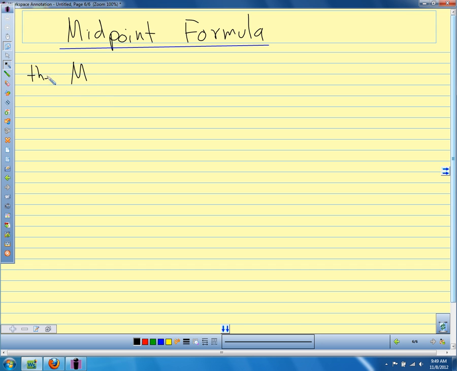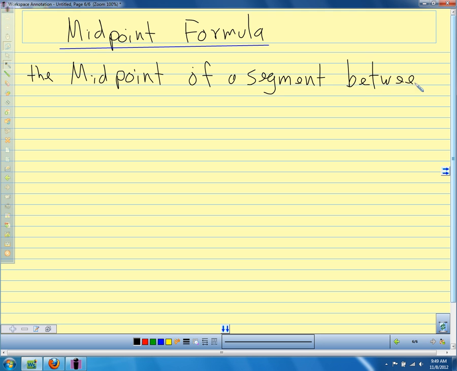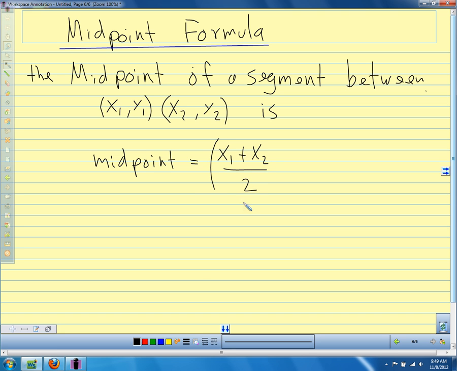The midpoint of a segment between 2 points, x1, y1, and x2, y2, equals x1 plus x2 divided by 2, and y1 plus y2, guys, divided by 2.